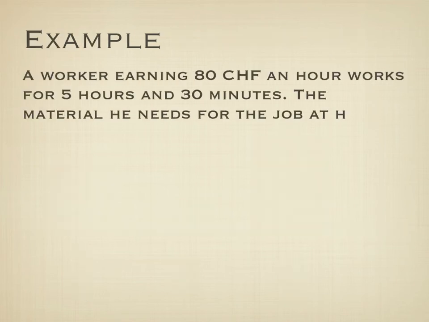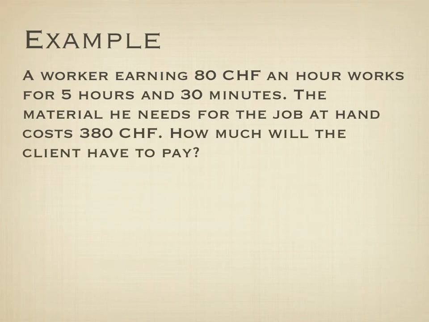An example. A worker earning 80 Swiss francs an hour works for 5 hours and 30 minutes. The material he needs for the job at hand costs 380 francs. How much will the client have to pay? We've got the working time, 5.5 hours, multiplied by 80 francs per hour.